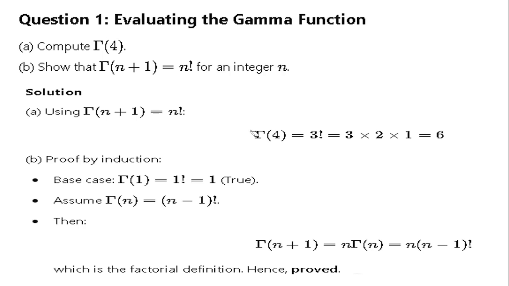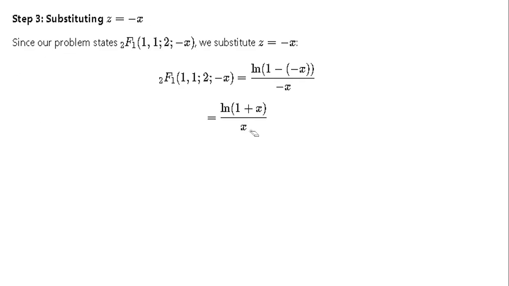But I have a question, sir. Go ahead. So for the final answer, where we need to substitute x, we said anywhere we see z, it equals minus x. Now looking at it, we have ln of 1 minus z over z.